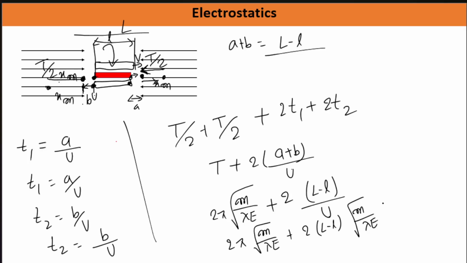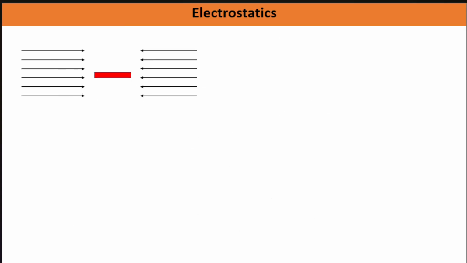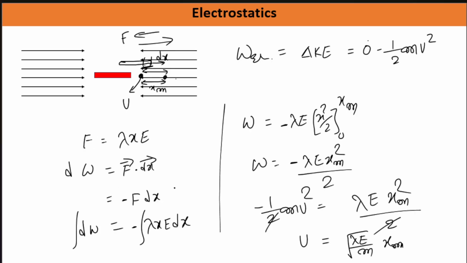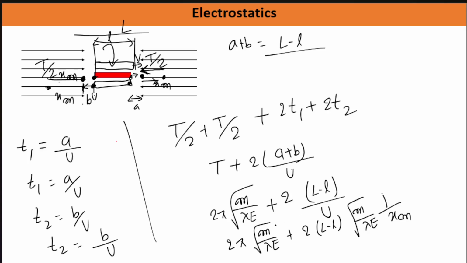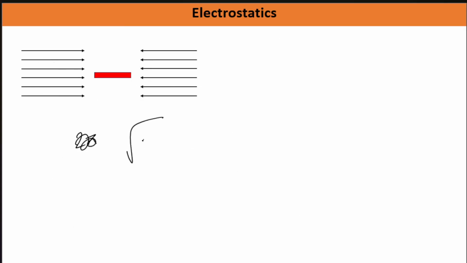So here it goes, right? So this lambda 1 by xm, right? It is like this. If you write it properly, 2 pi, take something common. That was your how much? Okay, sorry. That is root under m by lambda e. So root under m by lambda e is the common. And then there is 2 pi.